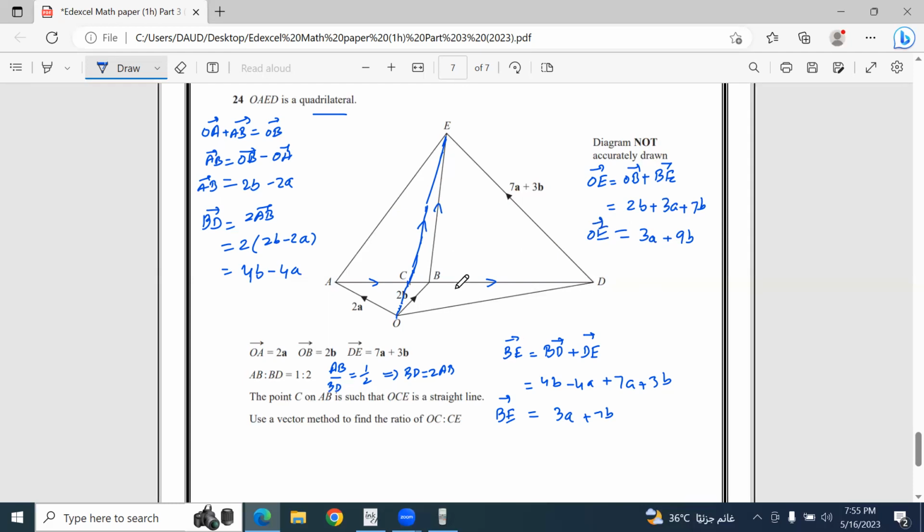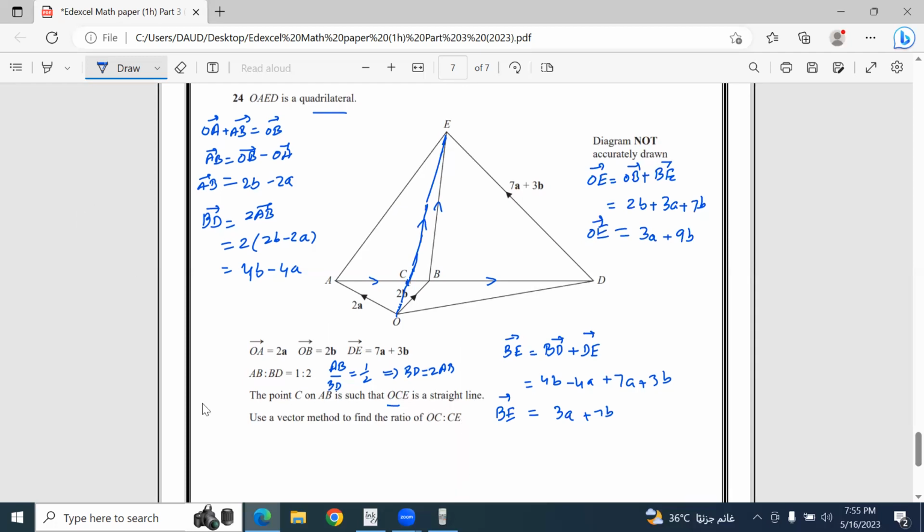So remember that C is the point on the straight line OCE. I will say we can do a little bit of supposition here, and all this working will help us. Let's say AC is equal to something multiplied with AB. Any scalar, that I would say M. M, any number, it can be any number.